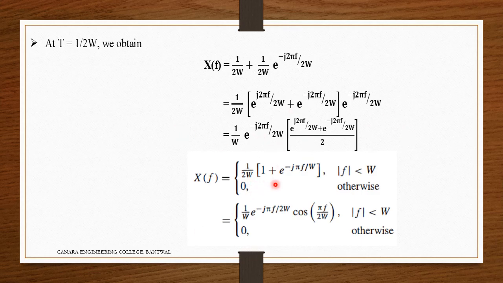Now X of f is equal to 1 by 2w into 1 plus e raised to minus j pi f divided by w. Remember one thing, it should be j pi f w. Here it is also j and it is also pi f.